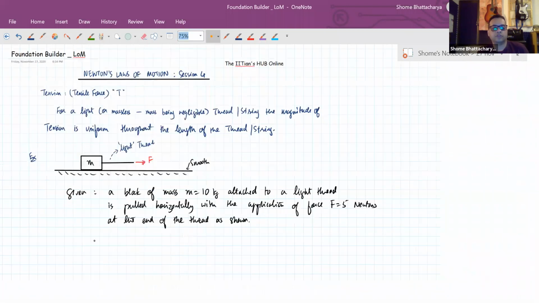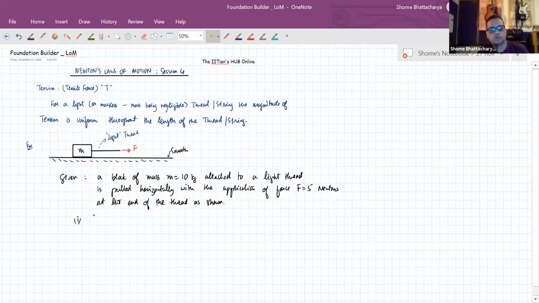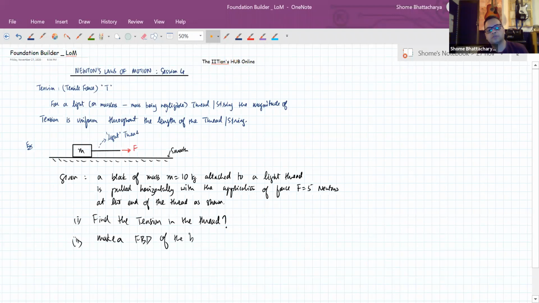So what we have to first do is find the tension in the thread, and secondly, make a free body diagram of the block and show all forces acting on it.